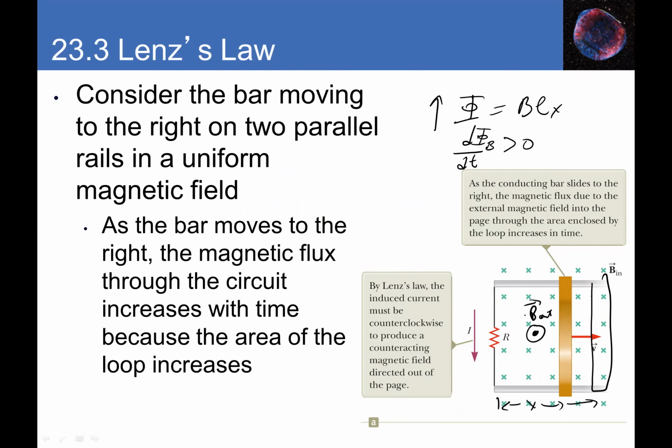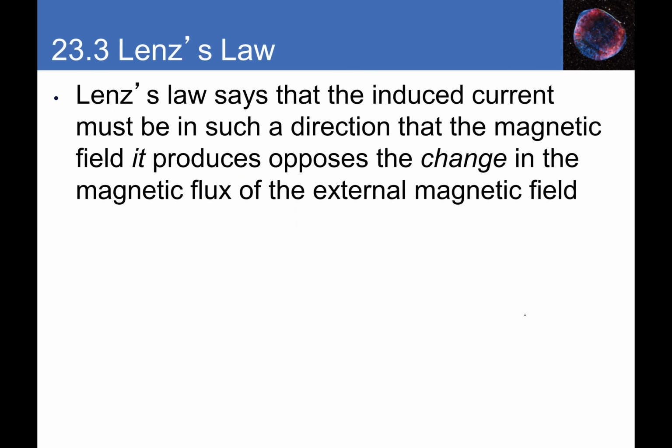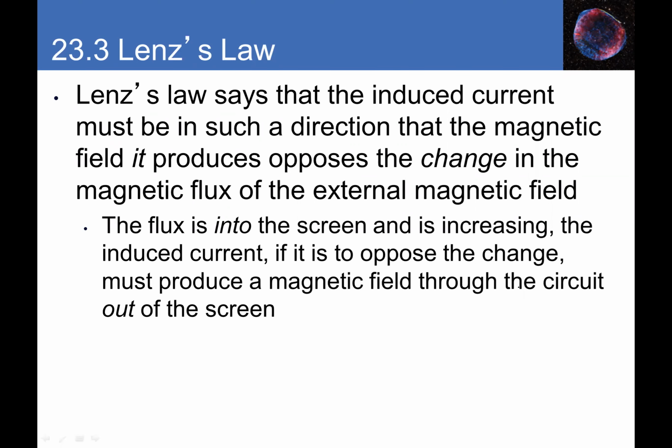All right, so as the bar moves to the right, the magnetic flux through the circuit increases with time because the area of the loop increases. As it increases, Lenz's law says that the induced current must be in such a direction that the magnetic field it produces opposes the change in the magnetic flux of the external magnetic field. So the flux into the screen is increasing.